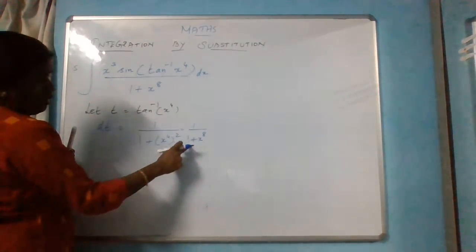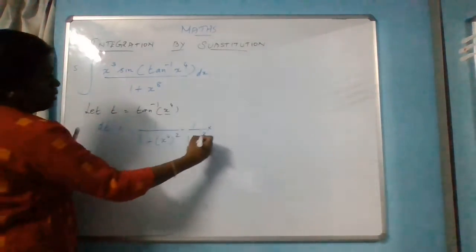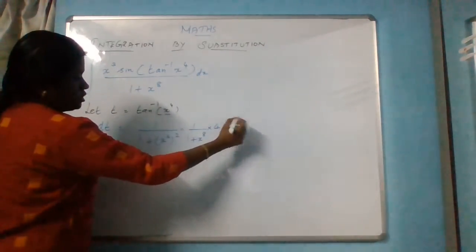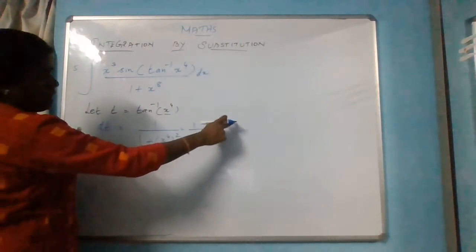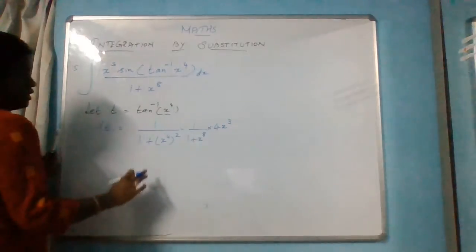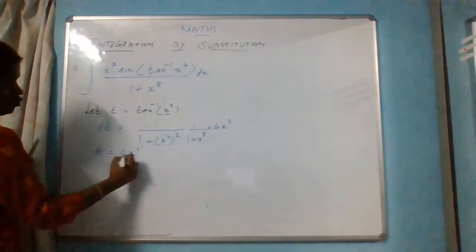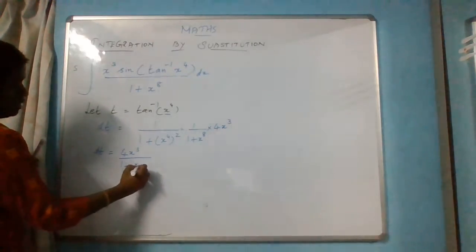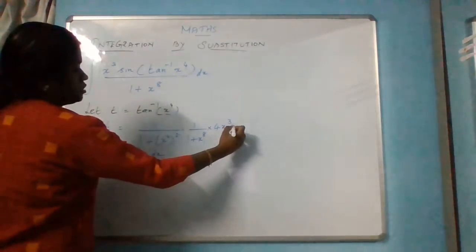The differentiation of x power 4 is 4x cubed, using x power n to n x power n minus 1. So dt has become 4x cubed by 1 plus x power 8 into dx.